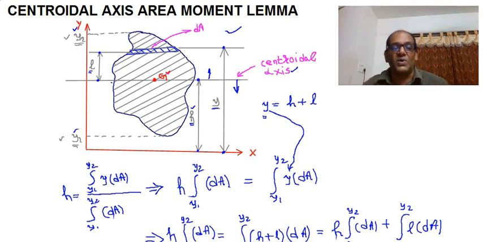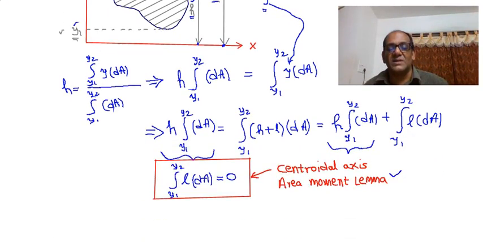Because L is positive above and negative below, the total integral between y1 and y2 of L times dA is equal to 0. That is what we term the centroidal axis area moment lemma. We will use it at some other point, so I would encourage you to remember this term, centroidal axis area moment lemma. We'll see the subsequent topics later.